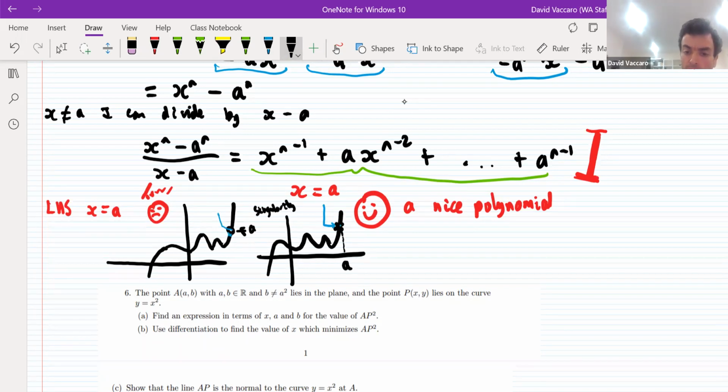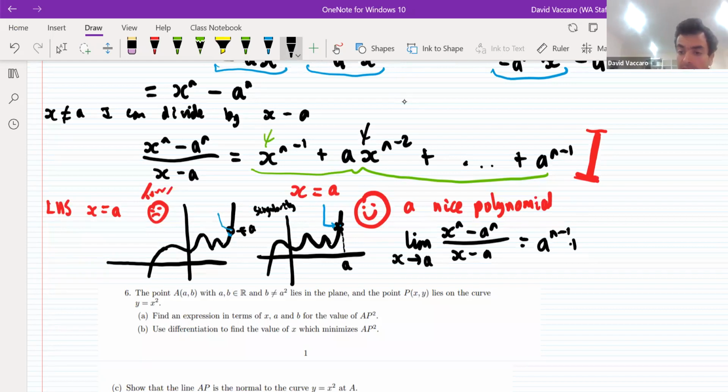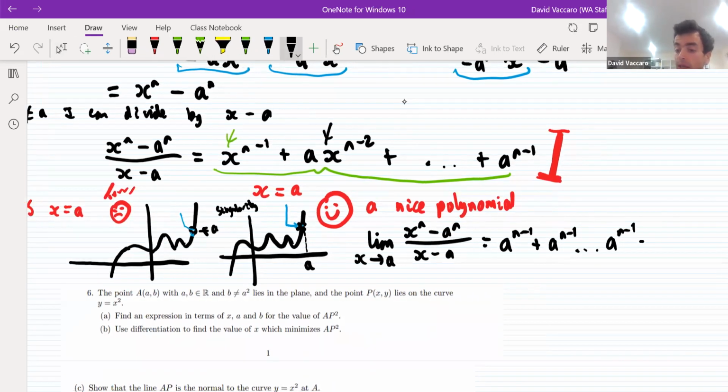So if on the left I take a point very close to a, I get a point very close to this hole. So I get the limit as x goes to a of x to the n minus a to the n over x minus a is what I get if I just replace x equal to a on the right. My first term is a to the n minus 1, my second term is a to the n minus 1, my third term is a to the n minus 1, all the way up to the last term, which is a to the n minus 1.